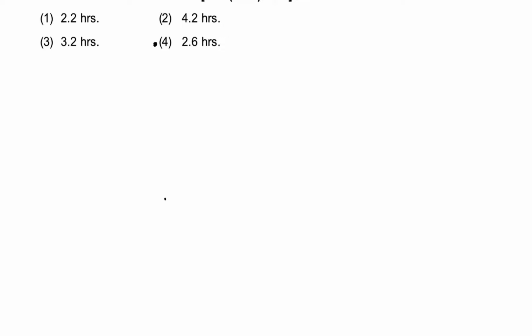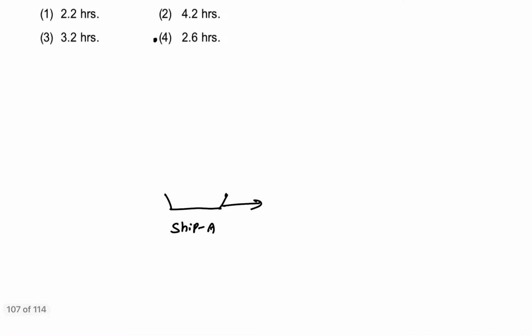Yesterday in the last video I have given that if there are two ships, I am taking this as ship A, which is moving with velocity 30 I cap and 50 J cap.